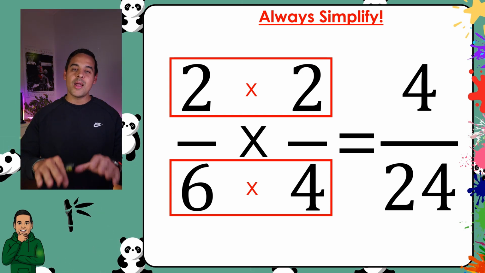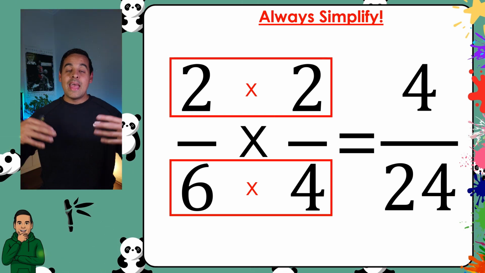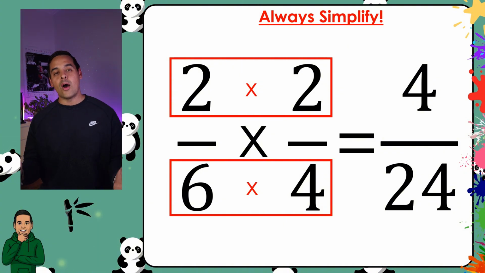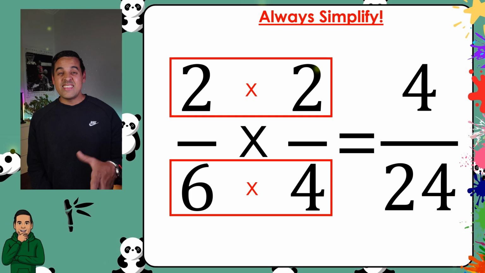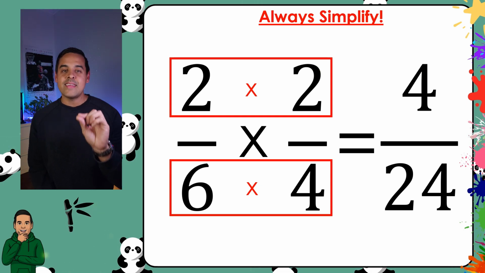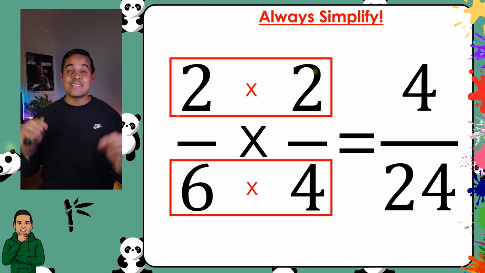Now this is the part where I'm going to pause here and explain something, especially when you get older. This will become even more crucial the older you get. You always need to simplify your fraction. If you wrote this, especially if you're in maybe grade 5, 6, or 7, this answer is not fully correct because it has not been simplified.